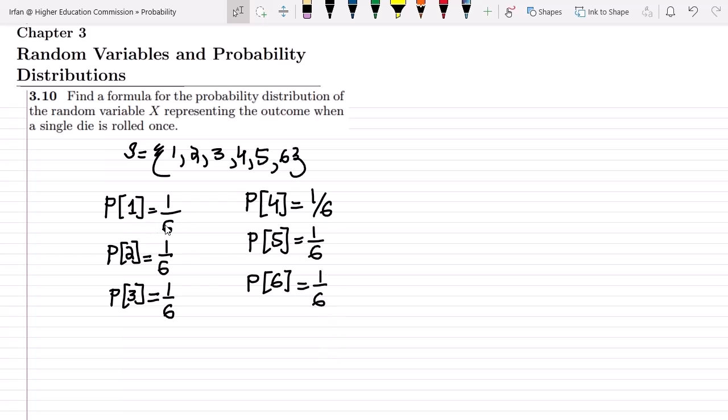So the probability distribution is uniform. If I want to plot it, let me have here the outcomes and the probability of the outcomes.